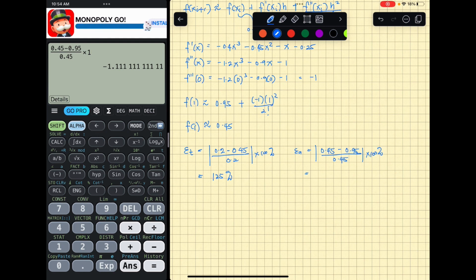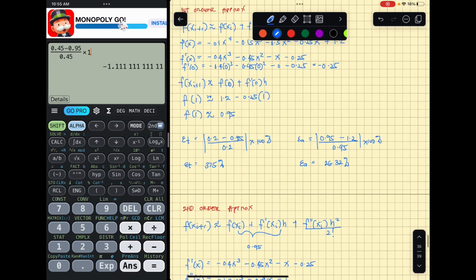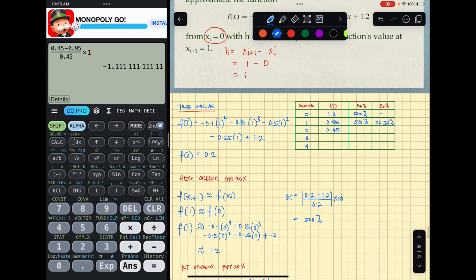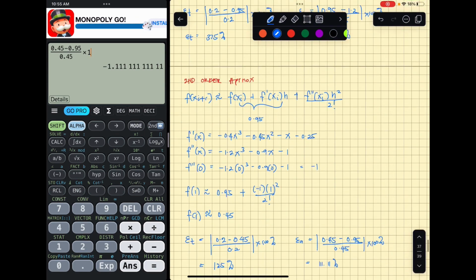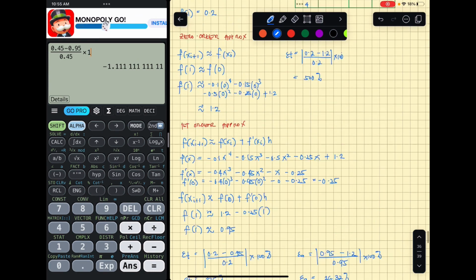So it even increases further, which is 111.11%. And the true error is 125%.